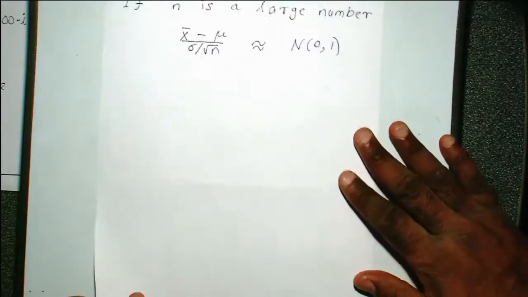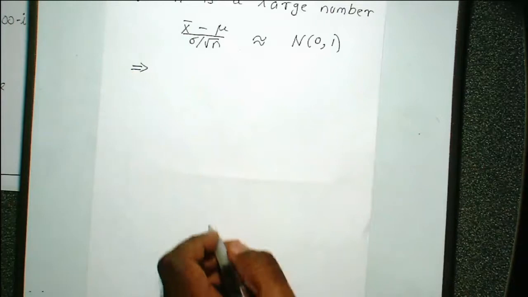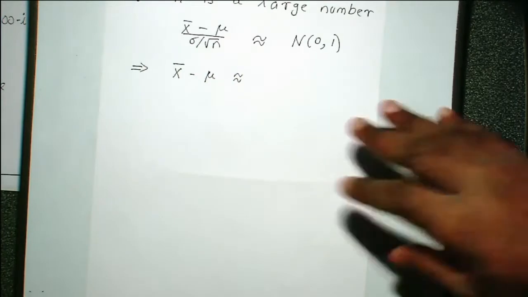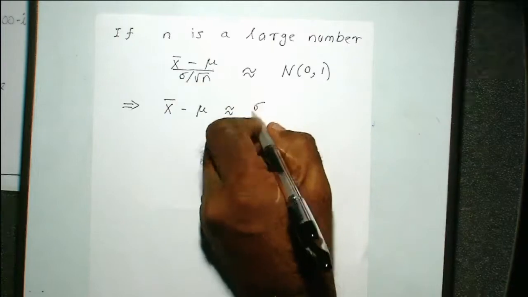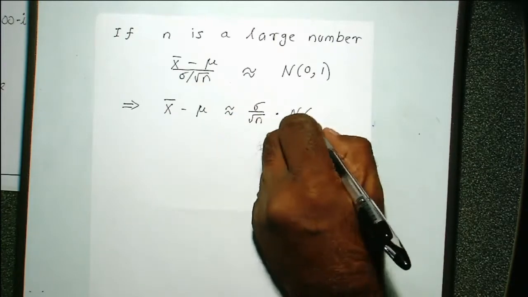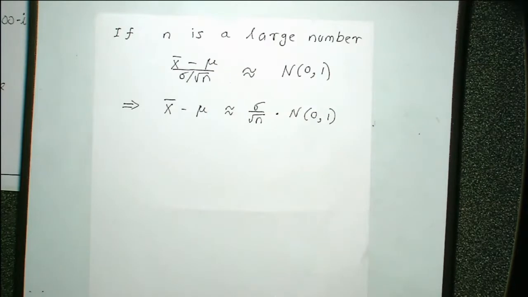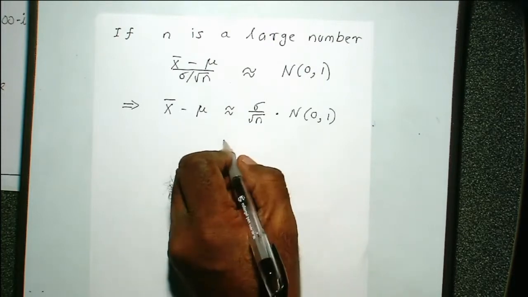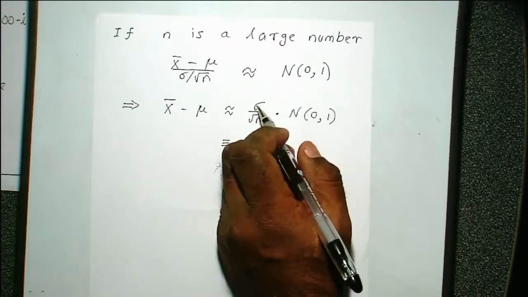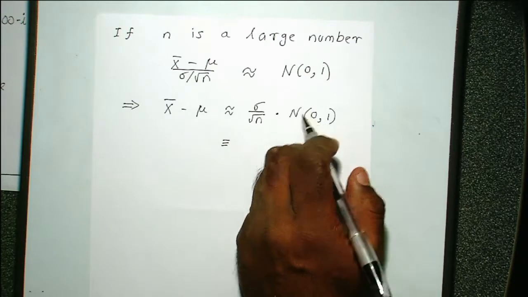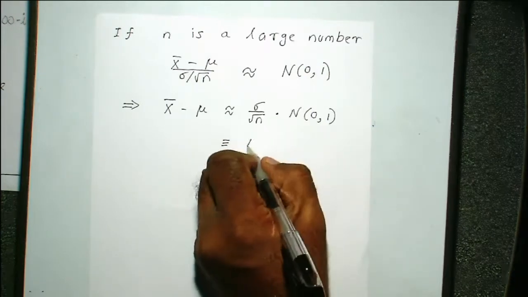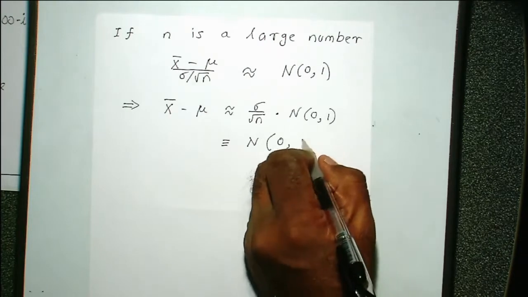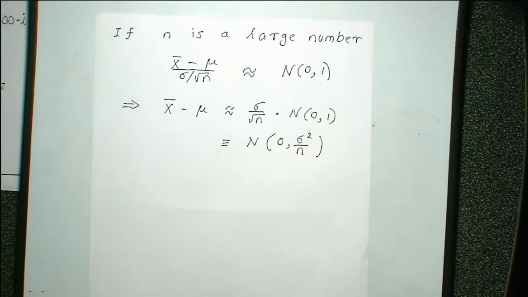So this implies that X bar minus mu is approximately sigma over root n times a standard normal. If you multiply a normal variable by a constant, what do you get? The mean is 0, so the mean stays 0, and the variance becomes sigma squared over n.